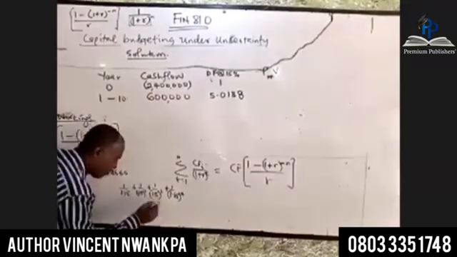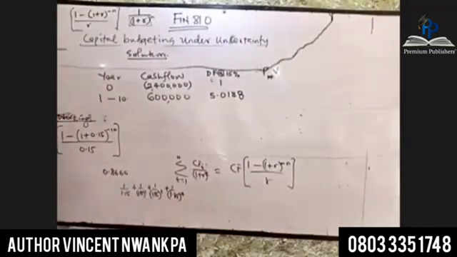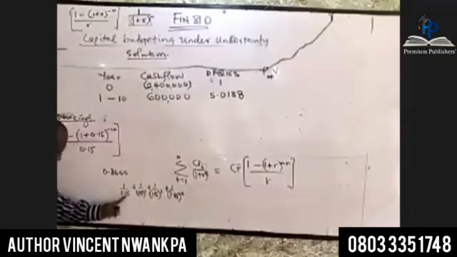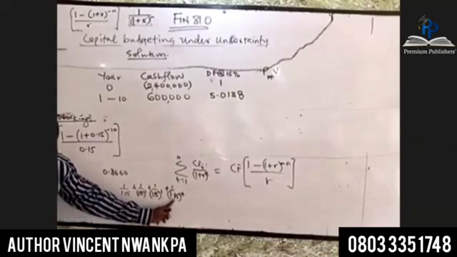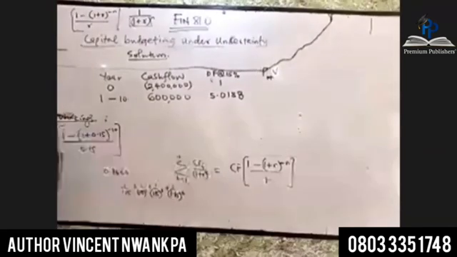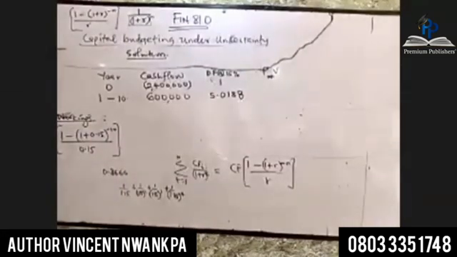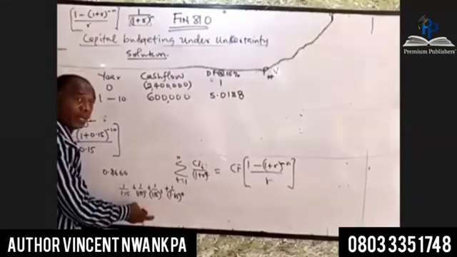Your calculator can run 1.15 raised to power minus 1 plus 1.15 raised to power minus 2 plus 1.15 raised to power minus 3, like that. Run it to 10 and press equal sign. Let's see what you're getting. That's another way of getting it. Okay, you like this method?